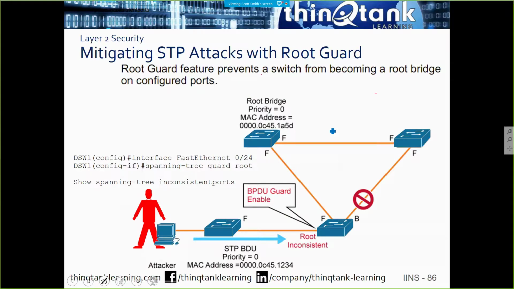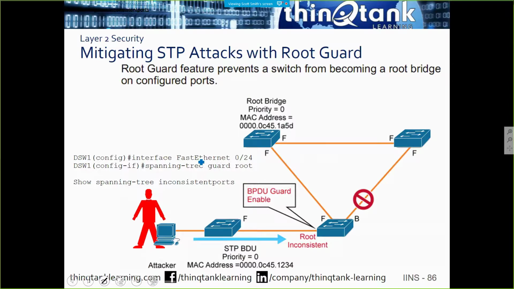All right. So it is an interface specific command. It's a configuration that we do directly on the interface. Essentially what it says is, if I put root guard on these two interfaces and I start getting BPDUs that are superior to my root, then those ports error disable. They go into something called a port inconsistent state, spanning tree inconsistent, which means they're unusable.